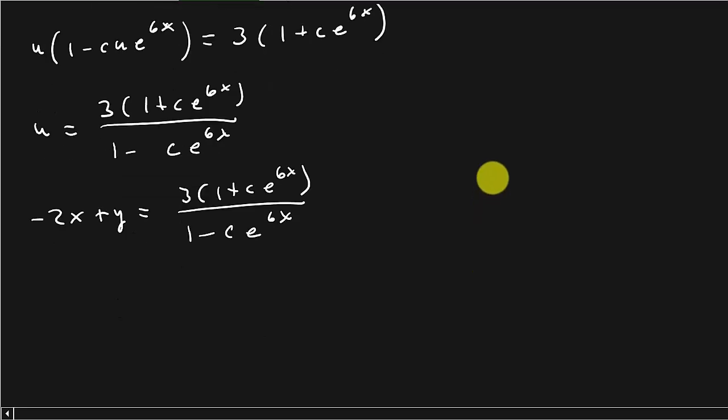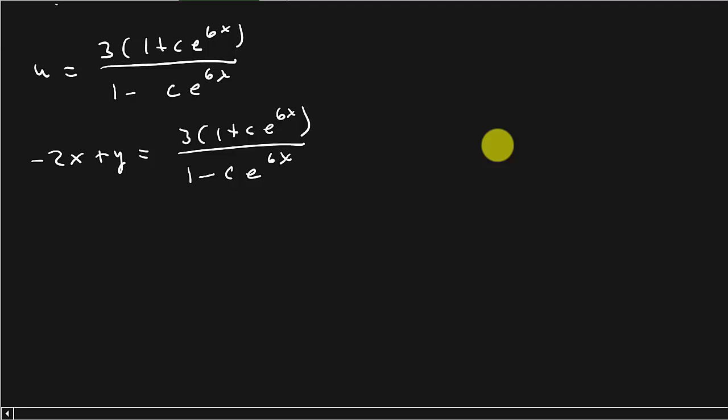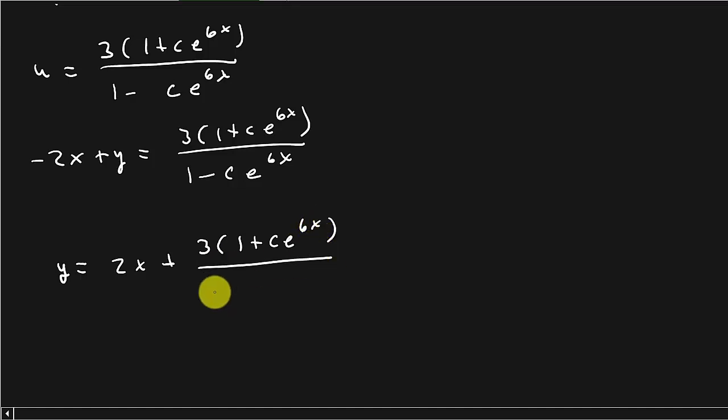That's better, isn't it? All right, I'm losing it. So now that's going to give us y is equal to 2x plus 3 times 1 plus c e to the 6x over 1 minus c e to the 6x.